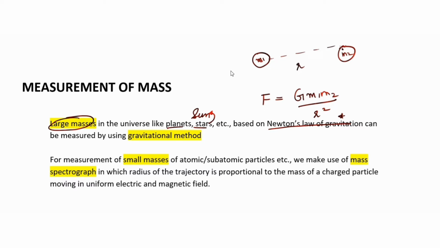When we know the force and the distance of separation, we can easily find out the masses. So by using this we can find out however large the mass could be.